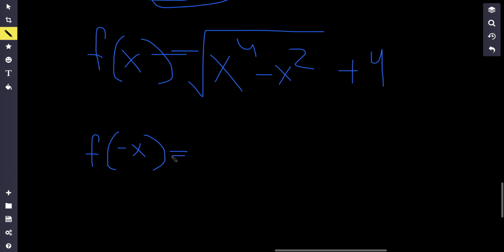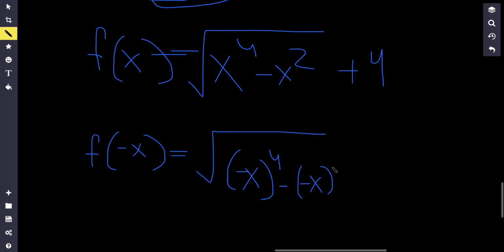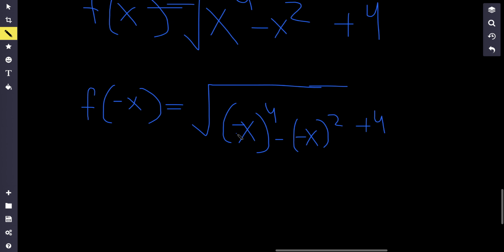Everywhere we see an x, replace it with a negative x. So this is going to be the square root of negative x to the 4th power minus negative x to the 2nd power plus 4. Negative x to the 4th power is just x to the 4th power, minus negative x to the 2nd power is just x to the 2nd power, and then plus 4.